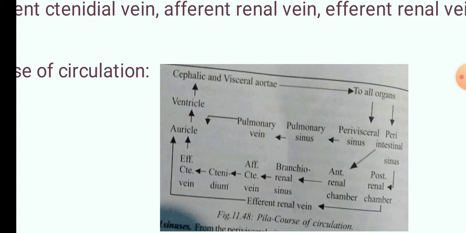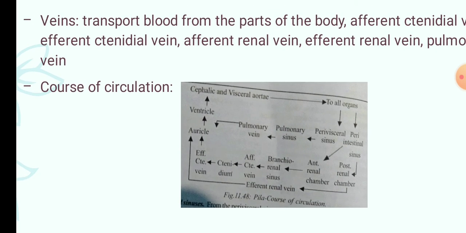The blood from the anterior renal chamber goes to the tenadia. After the gas exchange, the pure blood enters the auricle. Thus, the auricle in pila receives both pure and impure blood. This is the course of circulation in pila.